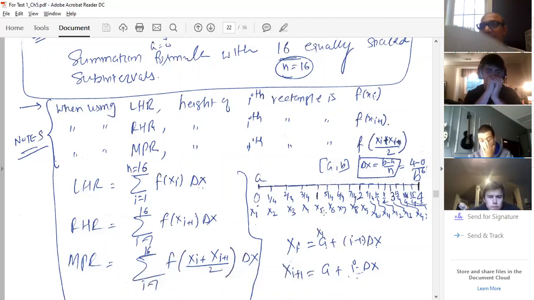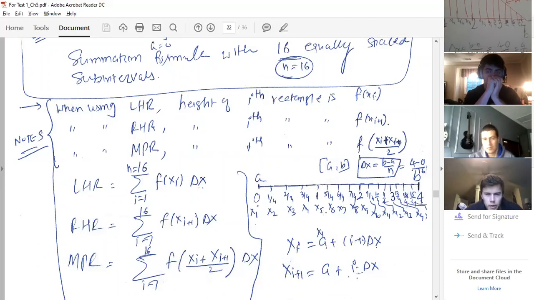Now, I made this partition like this. Look at over here: 0, 1 by 4, 2 by 4, 3 by 4, 4 by 4 is 1. I would like to give the names, so I can start with x1.